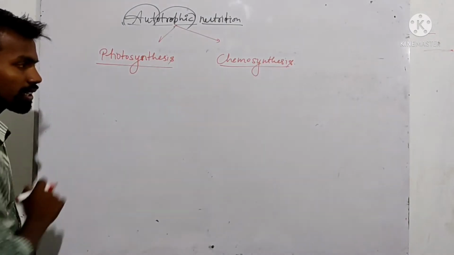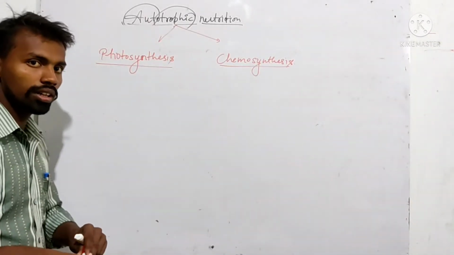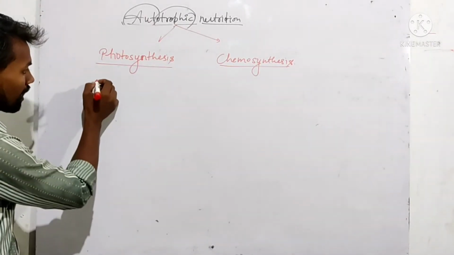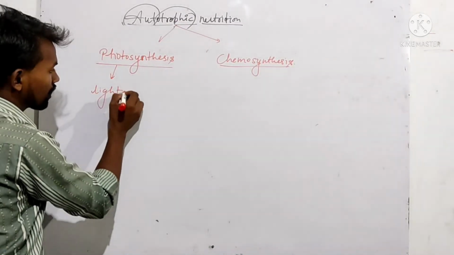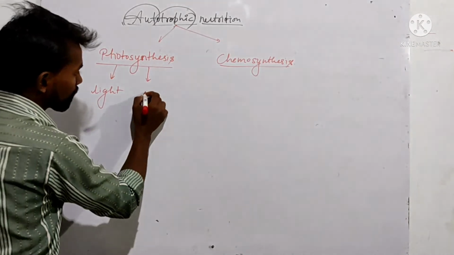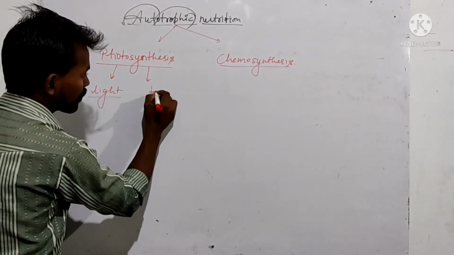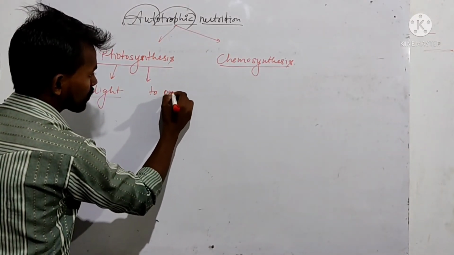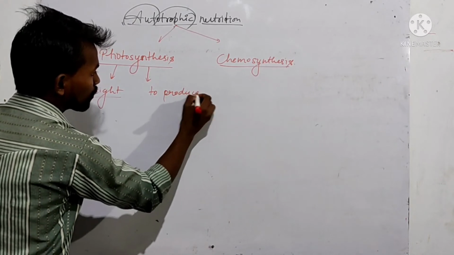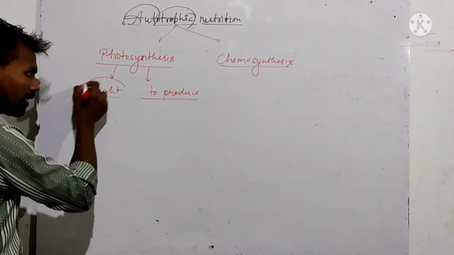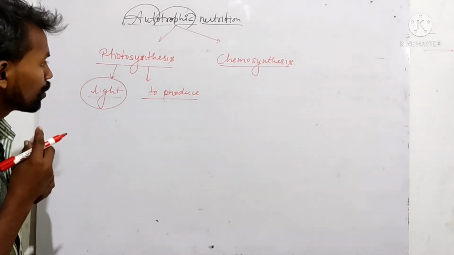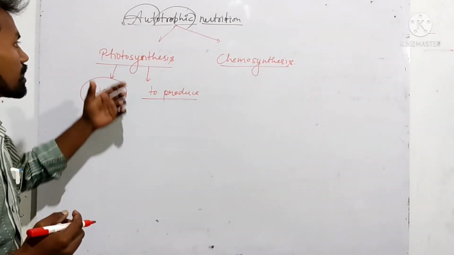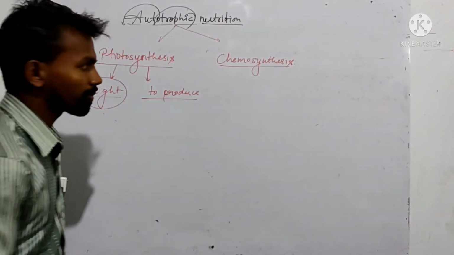What is photosynthesis? Photo means light and synthesis means to produce. When food is produced in the presence of light, this process is known as photosynthesis.